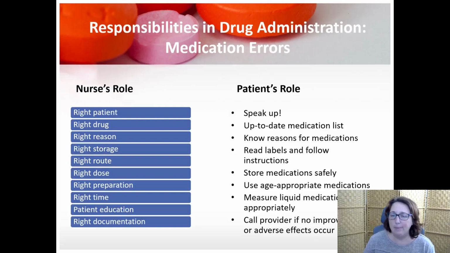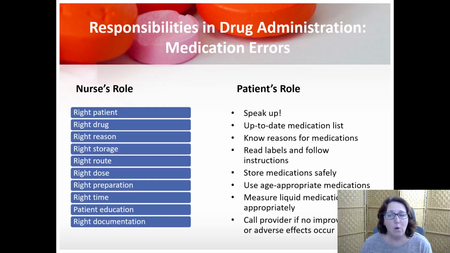This means that it can happen to anyone. At each layer, there are several safeguards. Many of these are built into the electronic system of actually ordering and charting our care. The nurse is typically the final check in the process. I call it the last line of defense because it's the nurse who administers the medication.